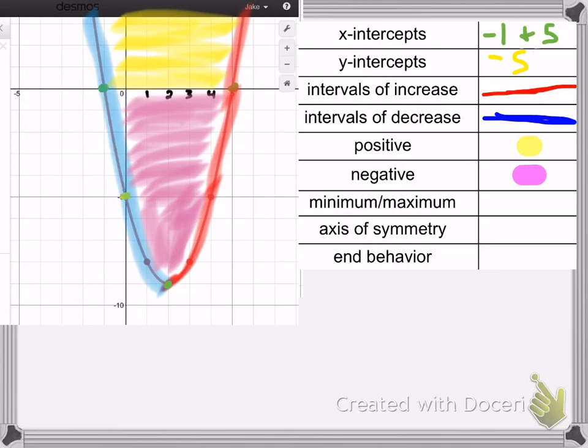Since our vertex is at the very bottom of our graph, we have a minimum. And then for the axis of symmetry, you just cut your graph in half, and as you see, we just cut our graph in half here at 2. So x equals 2 for our axis of symmetry. Then our end behavior, if you notice both of our ends of our graph point up, so it is positive.